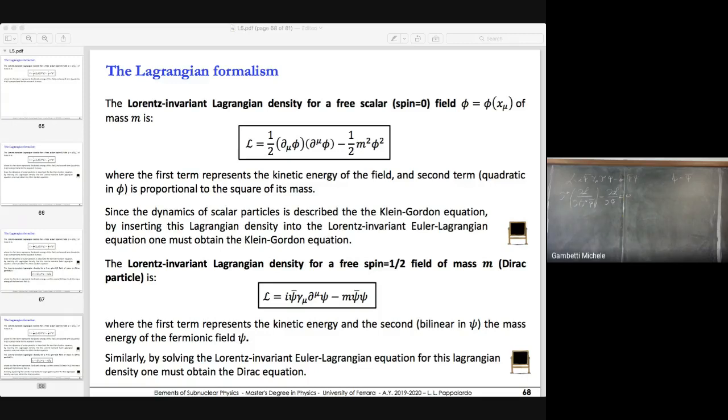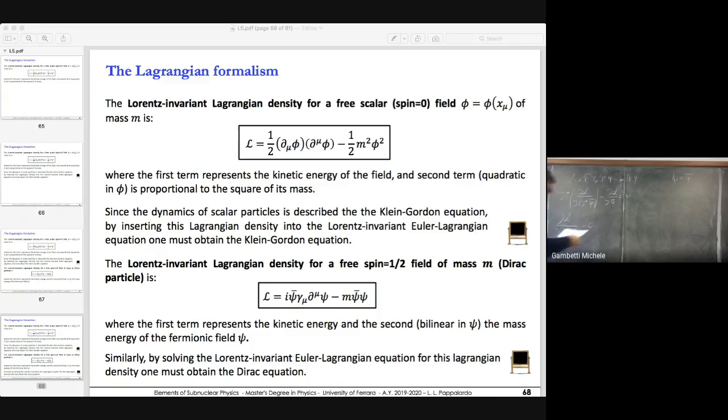Now, as before, let's calculate piece by piece the terms of this equation. The first piece, the one in parentheses, ∂L/∂(∂_μ ψ̄), is trivially 0, because in our Lagrangian density we don't have any term that goes with the derivative of the adjoint spinor. The only derivative acts on the spinor, not on the adjoint spinor.